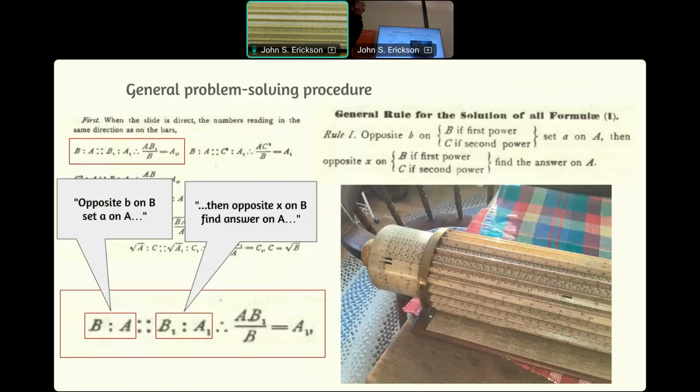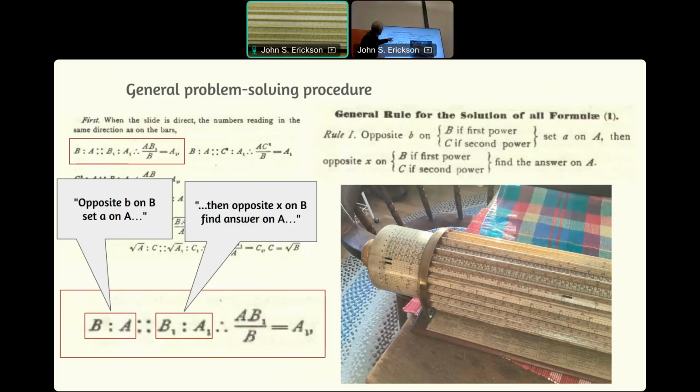Okay, so this is kind of confusing. His instructions for use are not as straightforward as one might think.